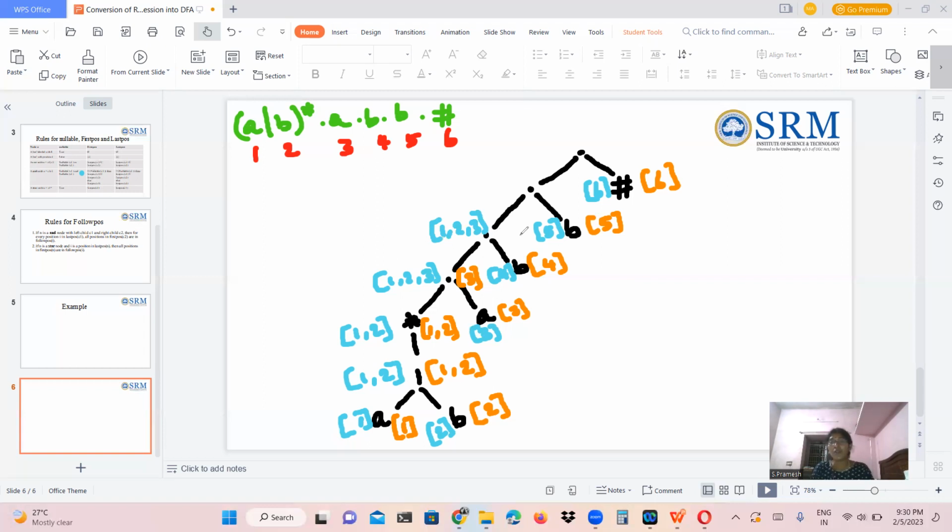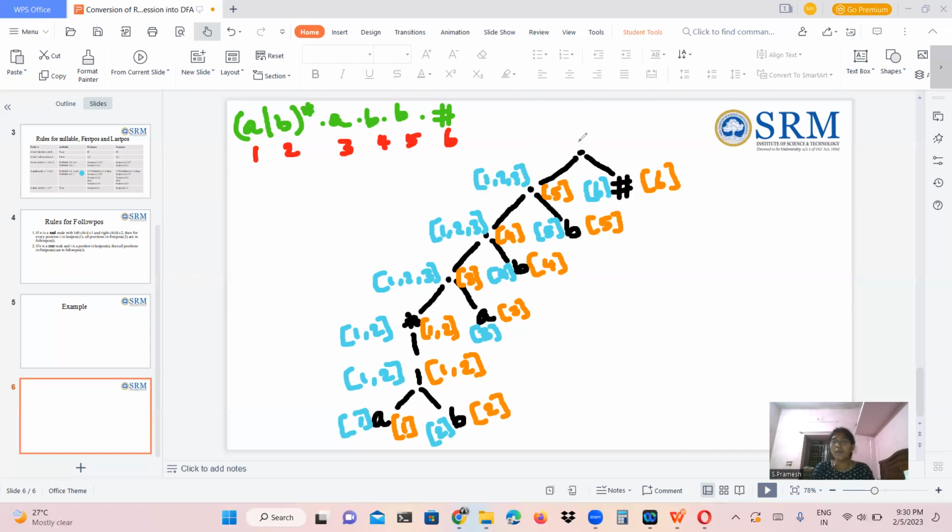In that situation, I have to consider only the last position of C2. So the last position is 4. This node is also non-nullable, so I consider only the left first position, that is 1, 2, 3. And for the last position, since it is non-nullable, I consider only the last position of the right child, which is 5.